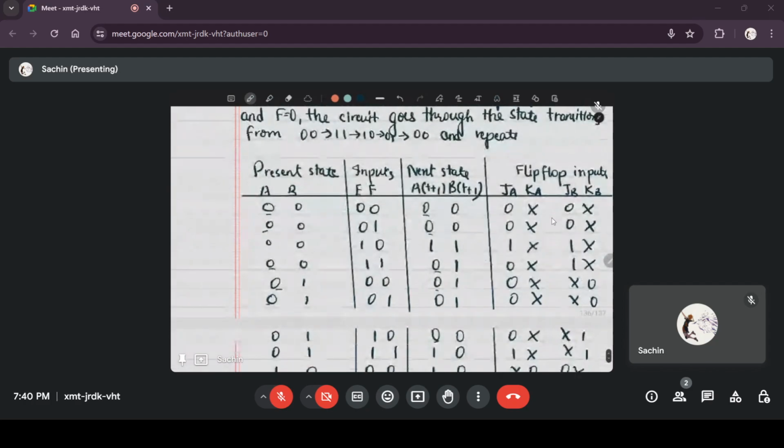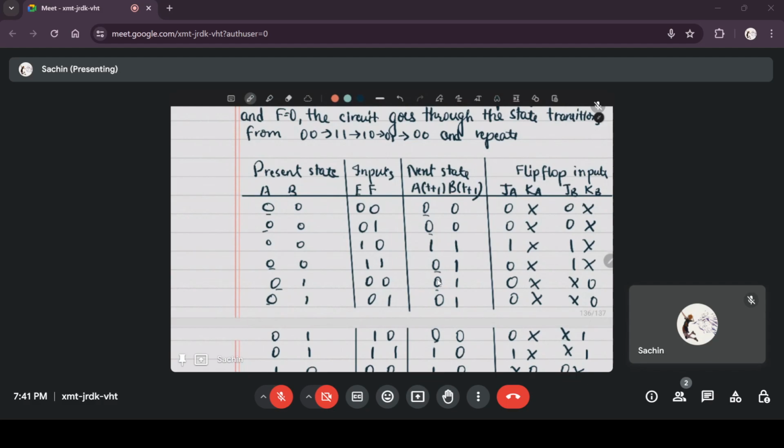Now you take the input column EF as well as the present state AB.